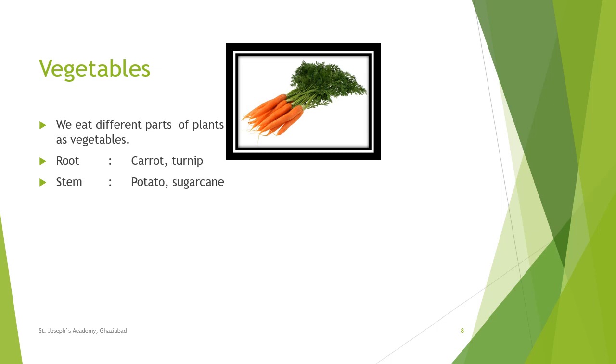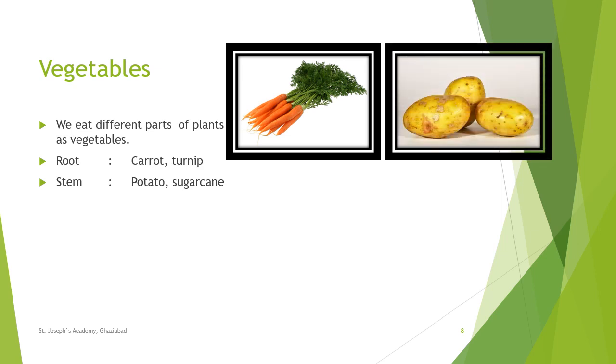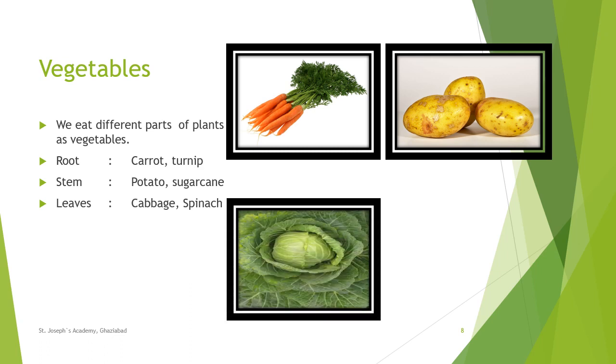Some part of the vegetables we eat as the stem. Example, potato, sugarcane. There are some vegetables which we eat in the form of the leaves like cabbage, spinach. Then we have flowers.